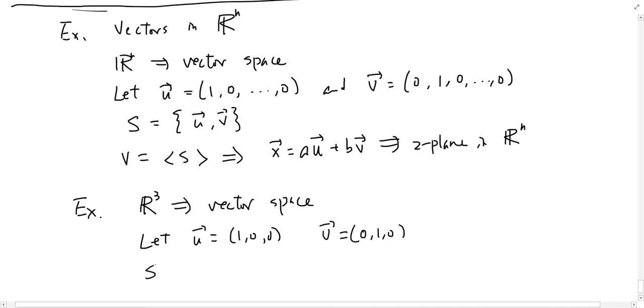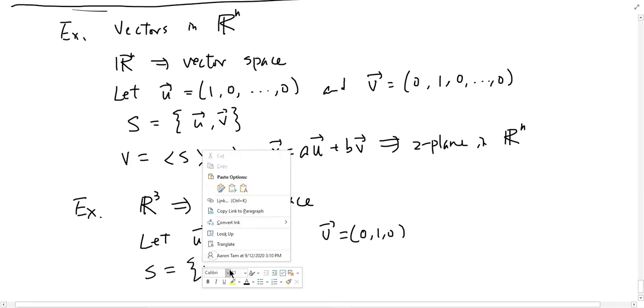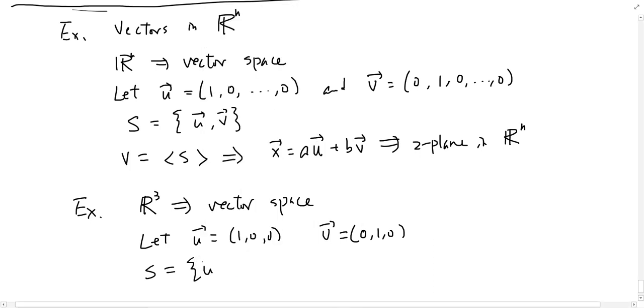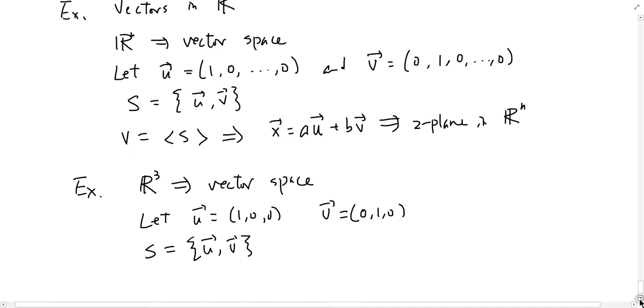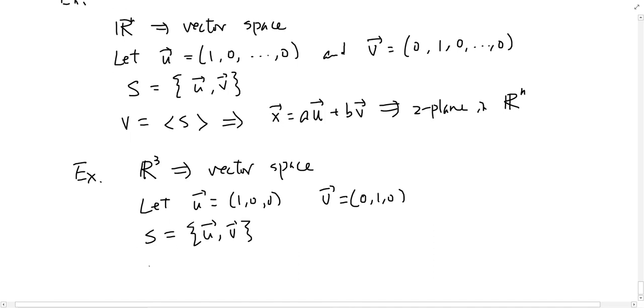Then S would be, once again, the set of vector u and vector v. So what is the span of our set S? Let's say V is the span of S.